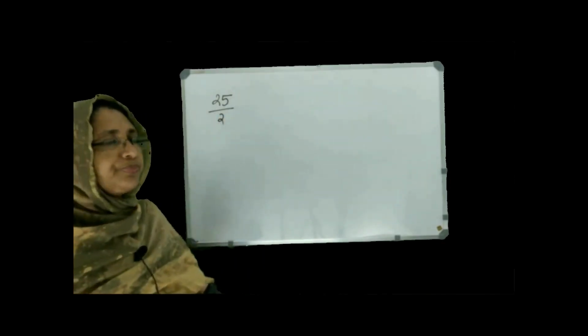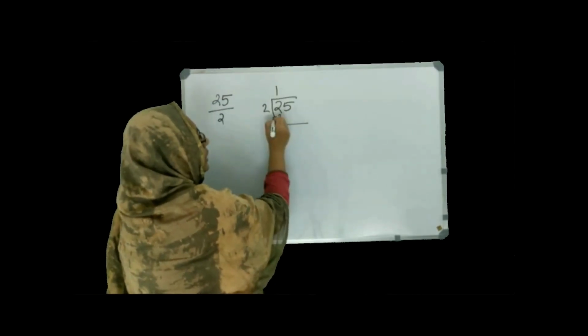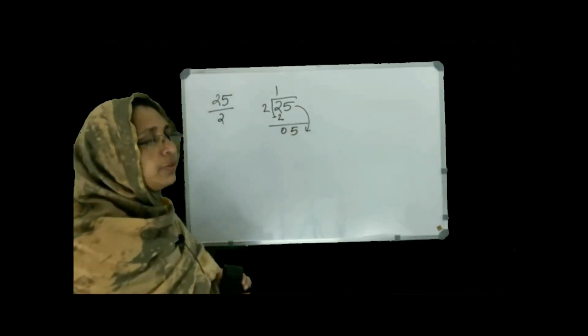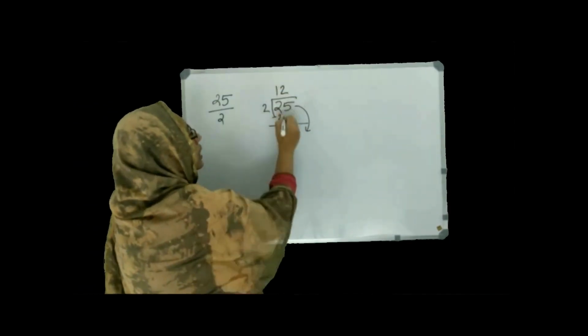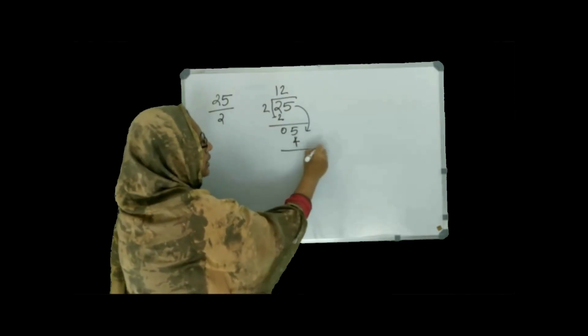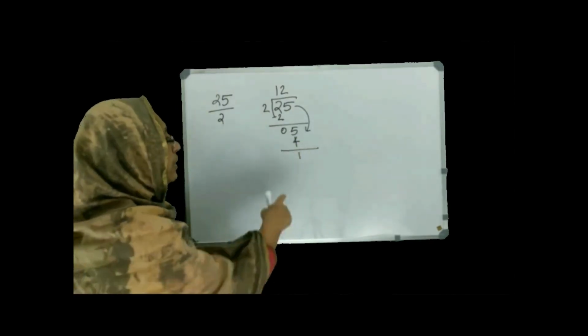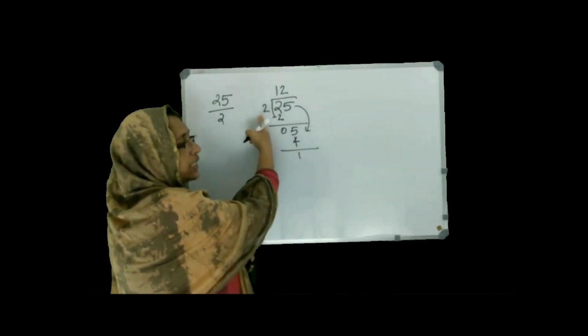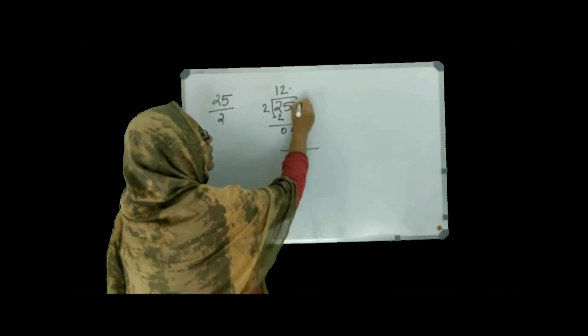First we take an example: 25 divided by 2. 2 ones are 2, subtract, 0; 5 comes down, 5. 2 twos are 4, subtract, 1. 1 is less than 2, the remainder is less than the divisor, then put decimal.